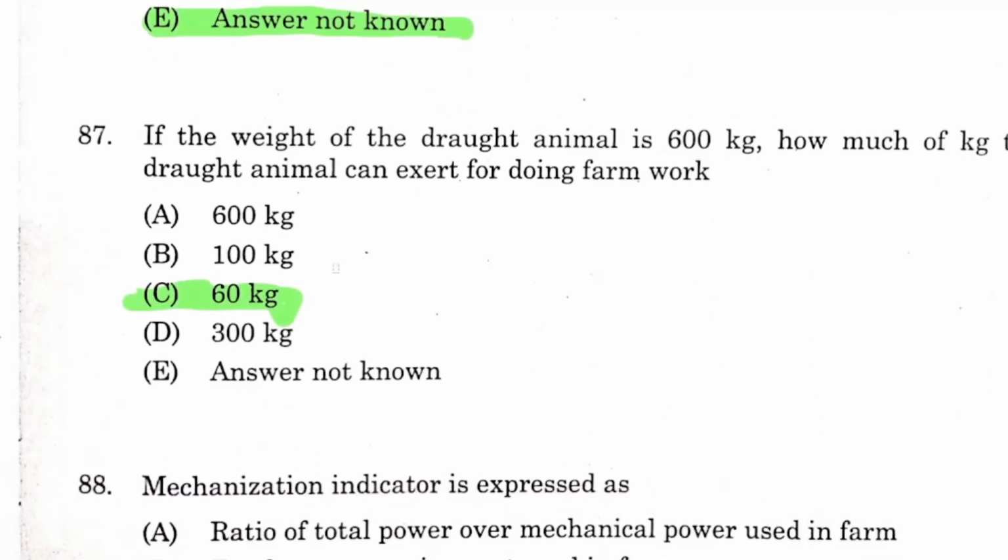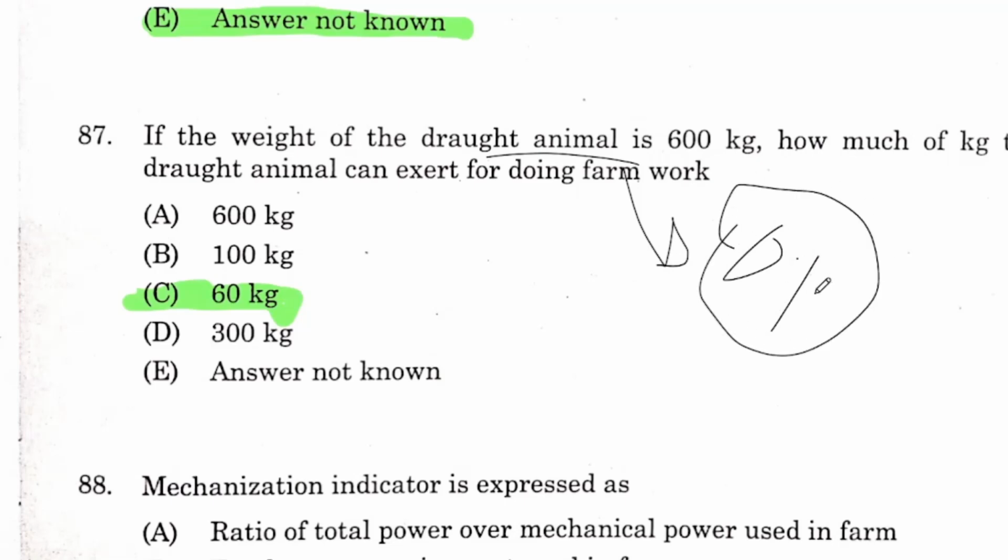Question number 87. If the weight of the draught animal is 6 kg, how many kg can a draught animal exert for doing farmwork? So we know an animal can exert 0.1 of its body weight.